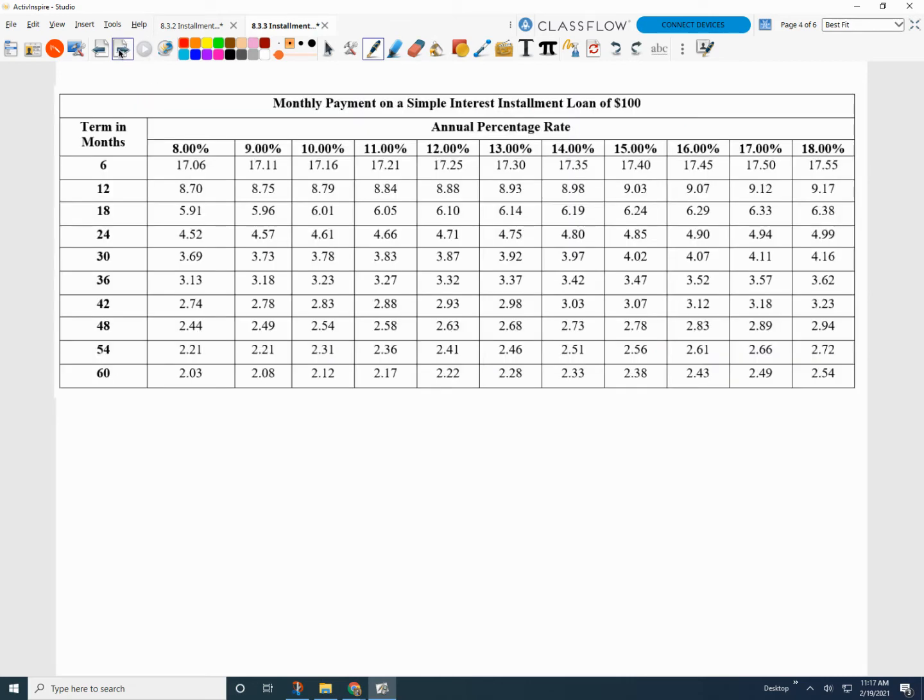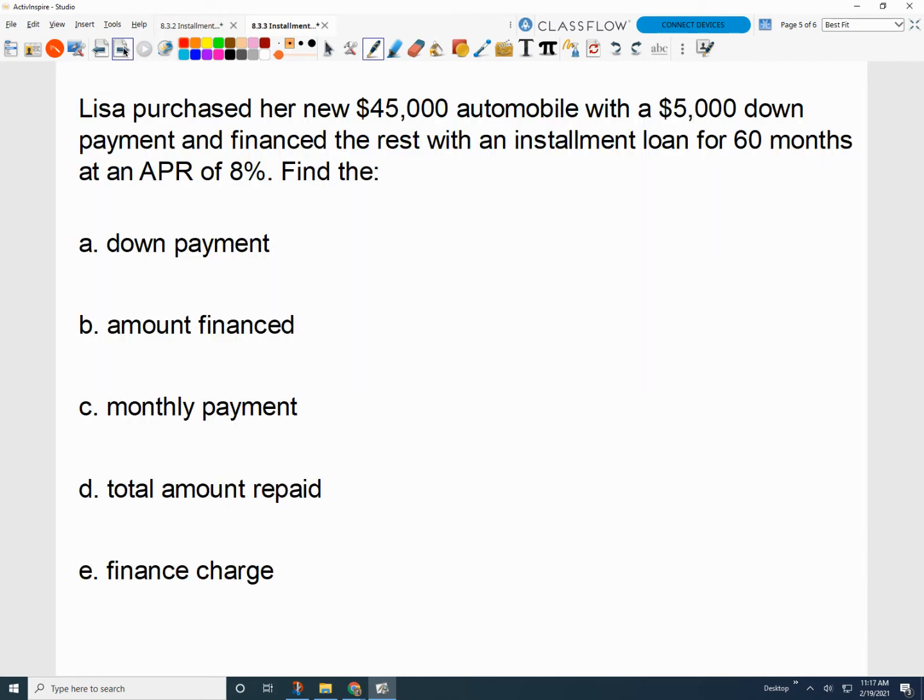So let's take a look at one of these problems. Again, there's our table. I'll have to take a screenshot or picture of this, whatever you need, if you haven't got a paper copy from me yet. So Lisa bought a new $45,000 automobile, but she made a $5,000 down payment. So her down payment is not a percentage like we did yesterday. Sometimes your down payment can just be straight cash.